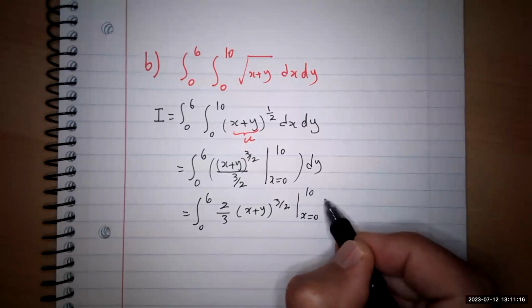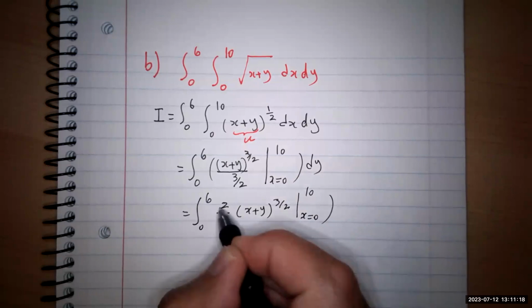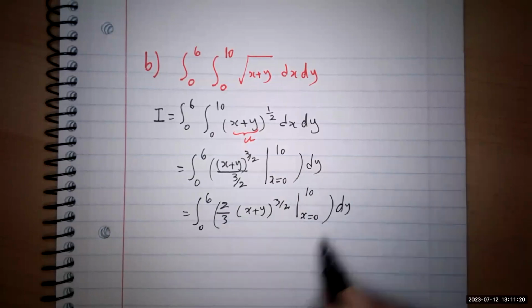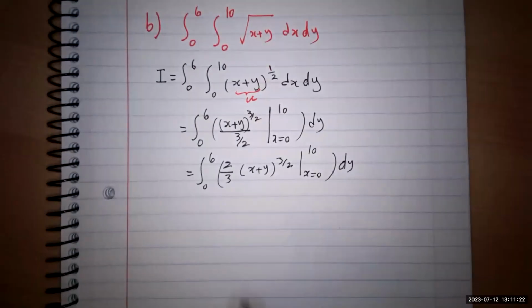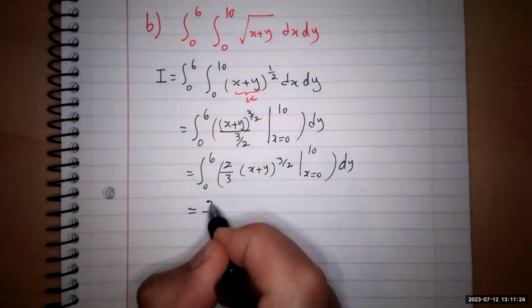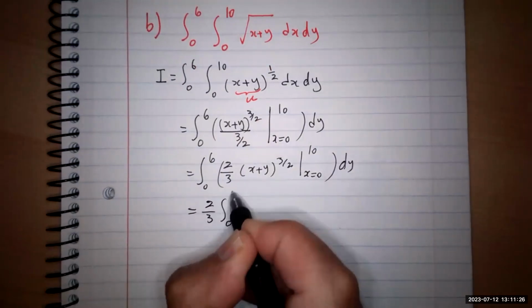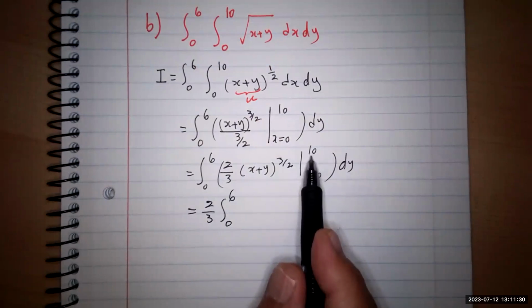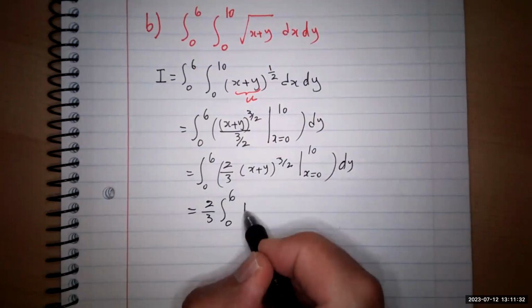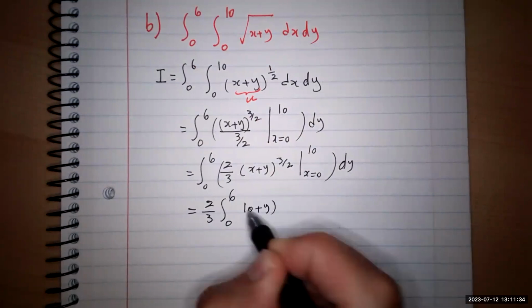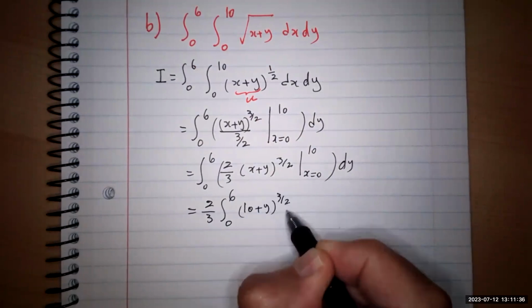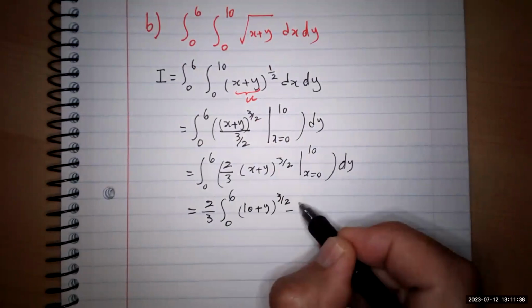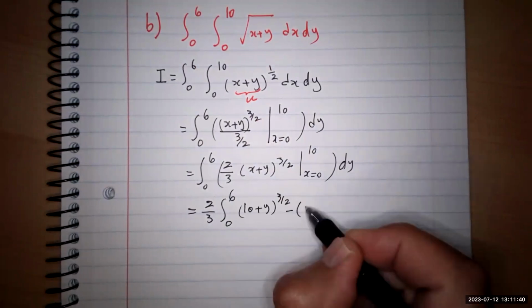And when you're done, you integrate it with respect to y. You can bring out the 2/3 and then substitute. It's going to be 0 to 6. You substitute x equal to 10 first. So that gives you 10 plus y to the 3/2, minus, you replace x by 0, so it's minus 0 to the 3/2.